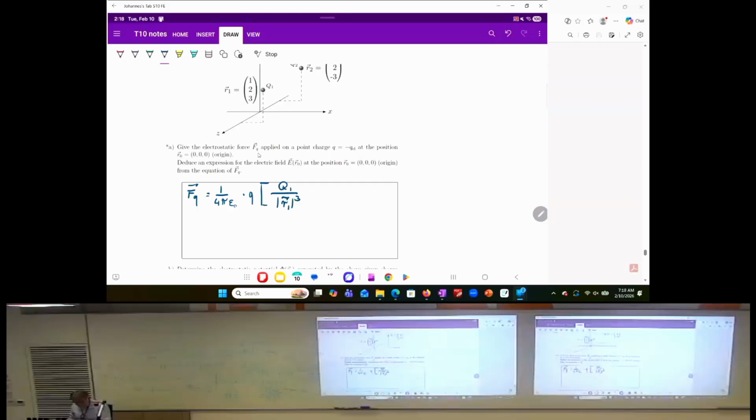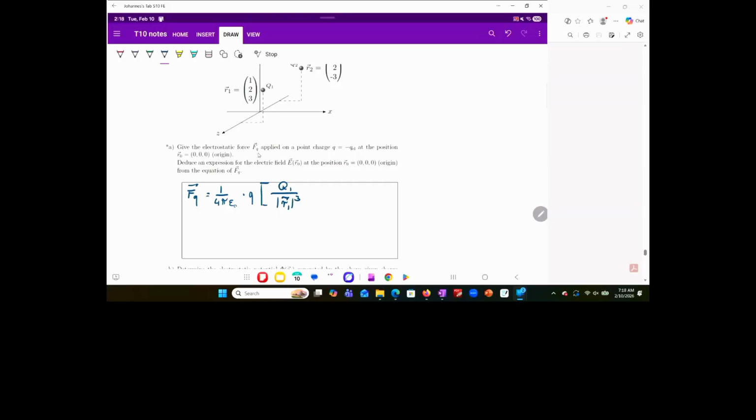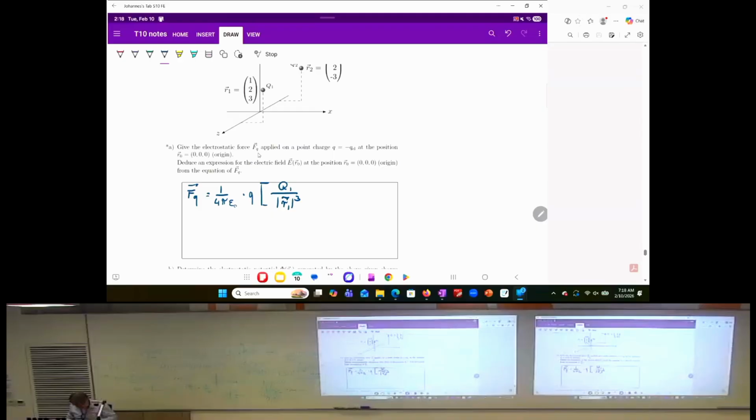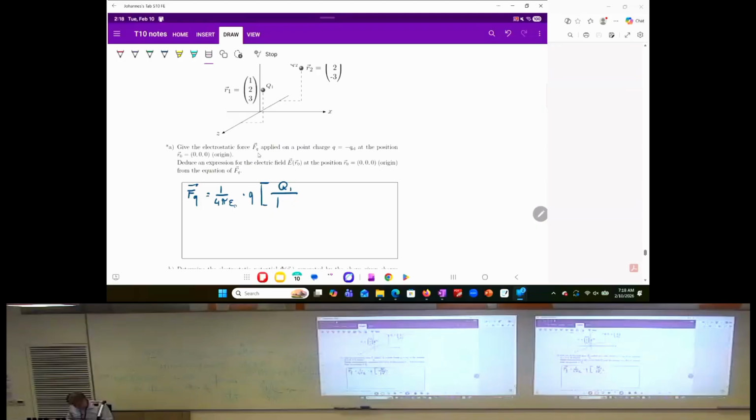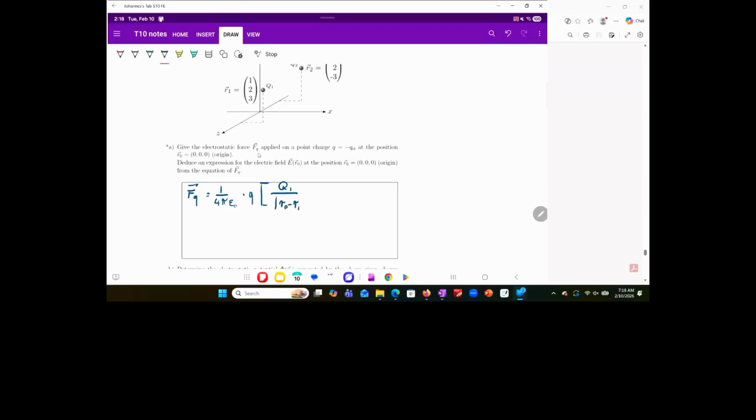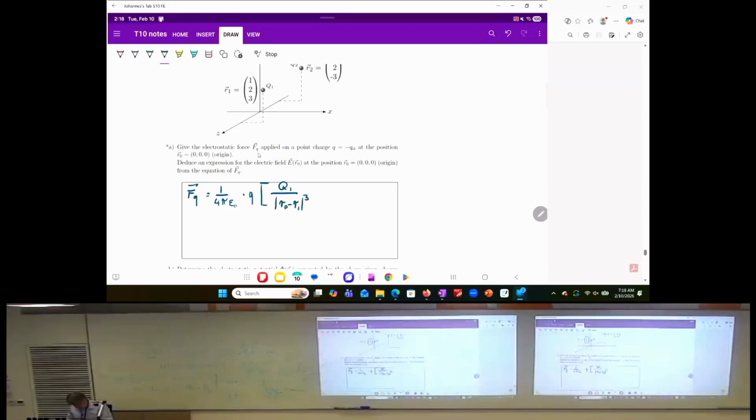Becomes easy now because, for your R here, if you be more precise, because you might want to calculate it somewhere different, but at the origin, you are taking here R0 minus R1 to the power of 3. And here you put in also R0 minus R1, but R0 is just 0, 0, 0, and R1 is 1, 2, 3.